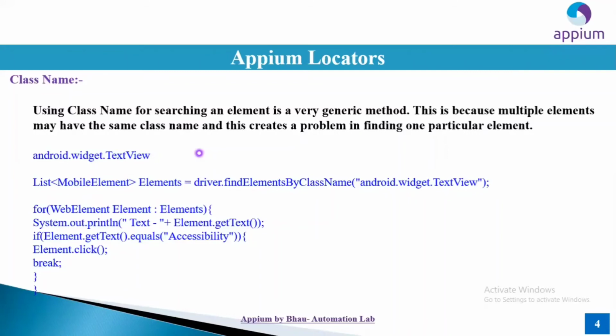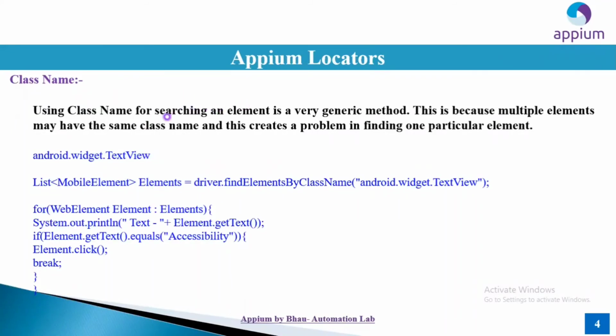But I'll tell you one trick: in Appium this tag name is defined as the class name. The class name will be defined as the tag name while creating the XPath in Appium. In the next session, we are totally working on XPath, so maybe these things will be clearer in the next session while working with XPath in Appium.